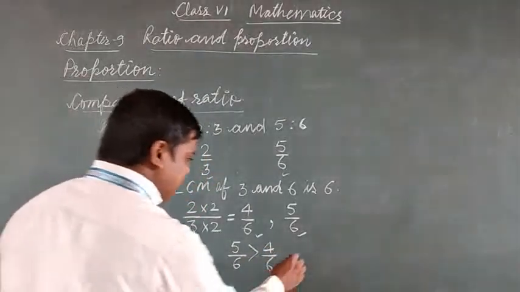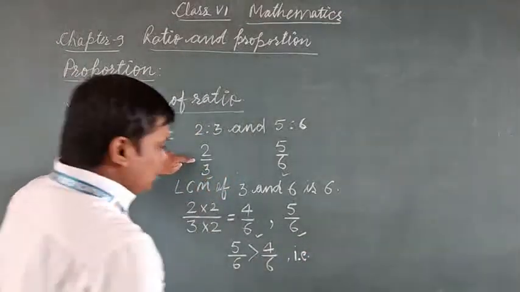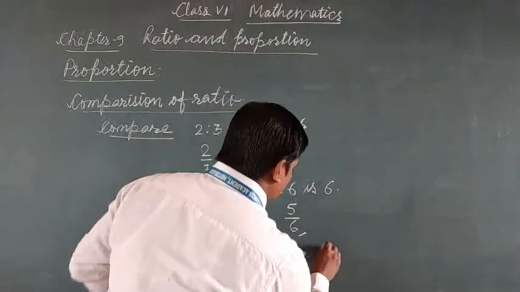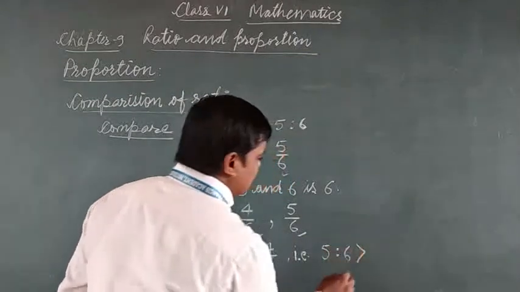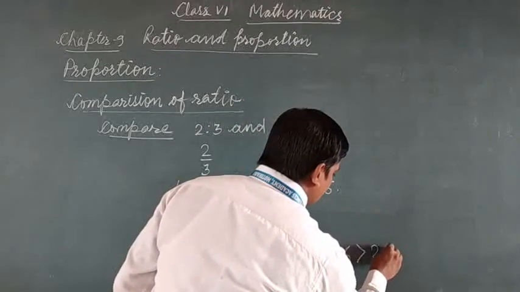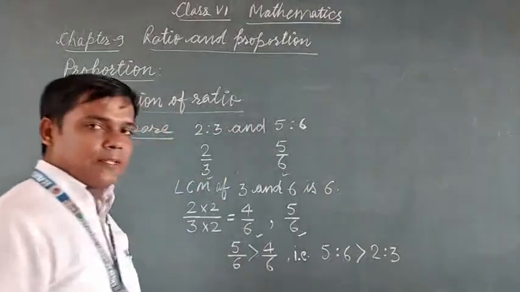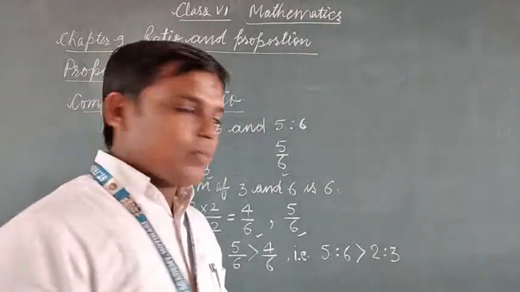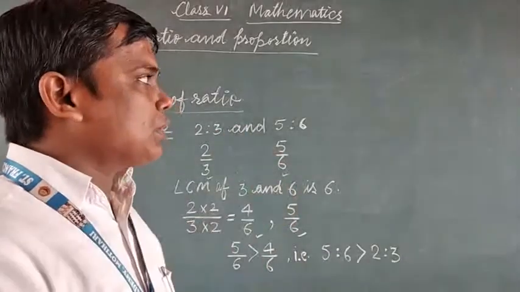That is, ratio 5 to 6 is greater than ratio 2 to 3. I hope you understood how to compare two ratios.